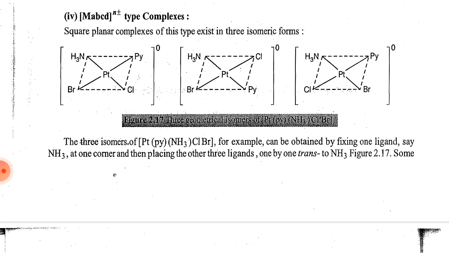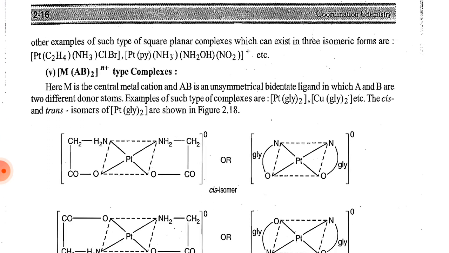Next, in the third isomer, ammonia is still fixed in the same position, and once again the positions of Py, Br and Cl are changed. So we can observe that this kind of square planar complex has three isomeric forms by fixing one ligand and changing the positions of the remaining three ligands.